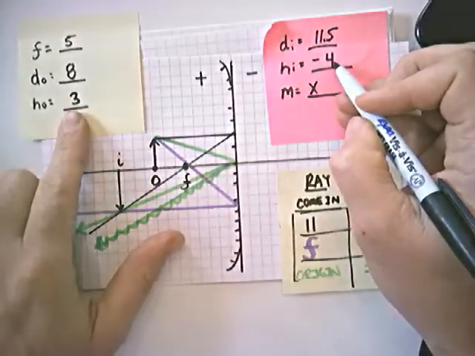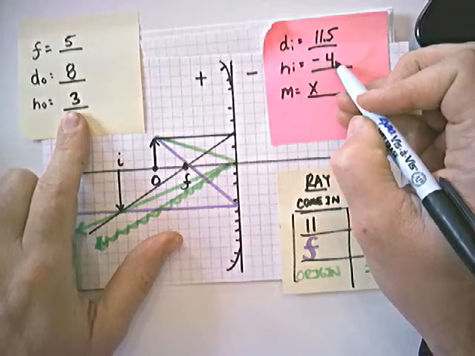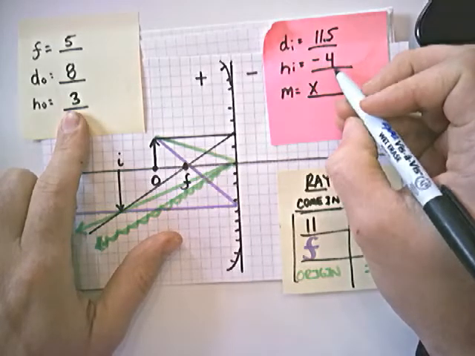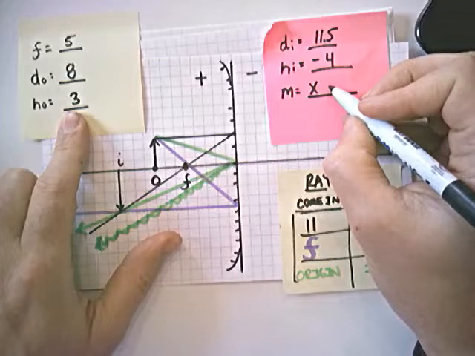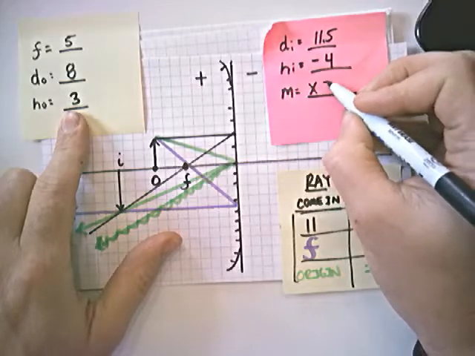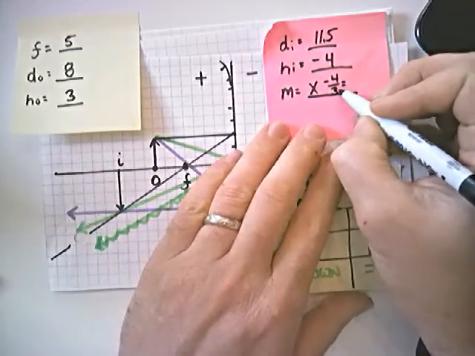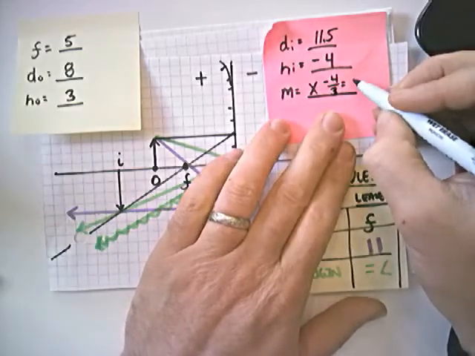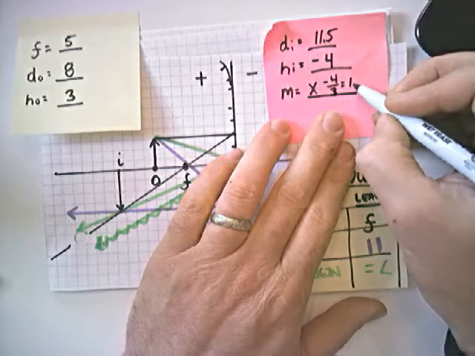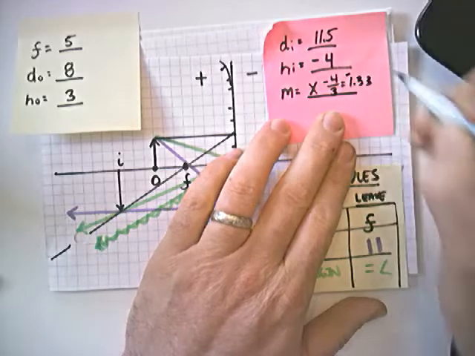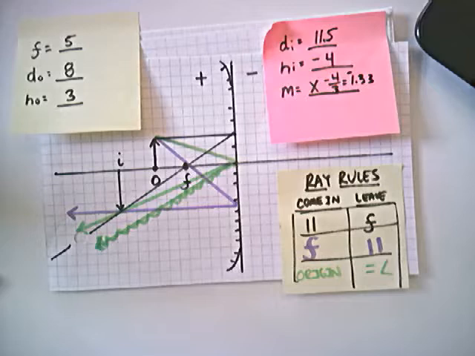So if I compare these two numbers here, -4 and 3, it can give me an approximation. So I could say times -4 thirds. If I take that down to a number, that would be 1 1/3 or 1.33, and it's a negative value. So that would be my magnification.